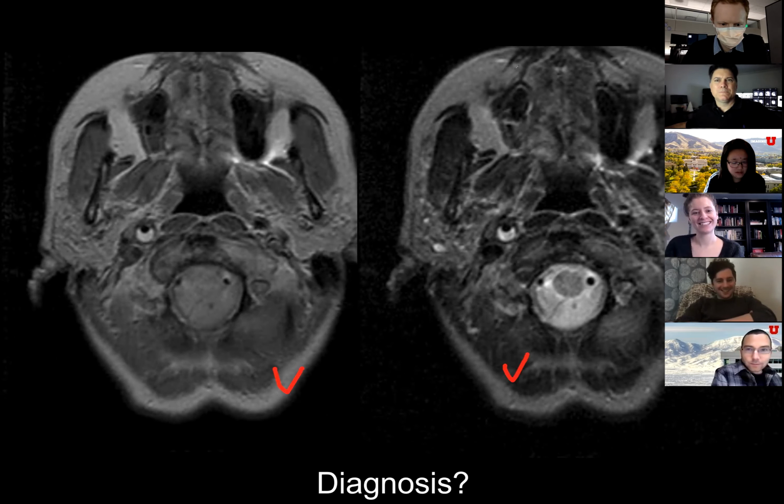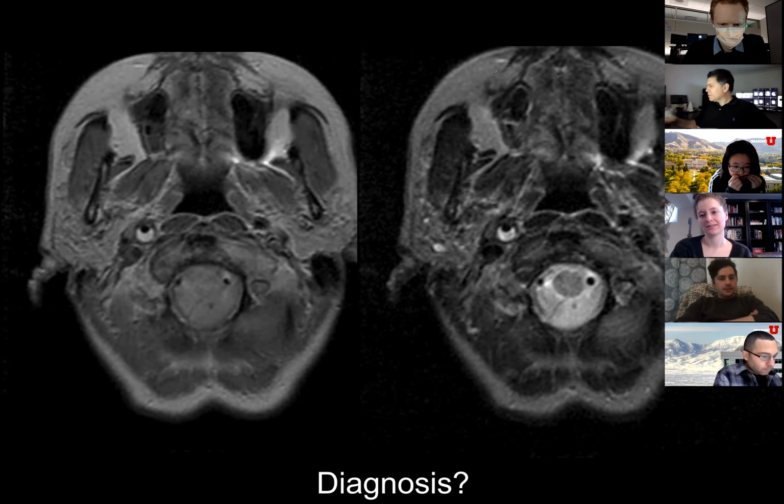That would make more sense. All right, the finding is in the right internal carotid artery. There is a crescentic T1 or PD hyperintense or T2 hyperintense lesion surrounding the flow void, compatible with dissection.